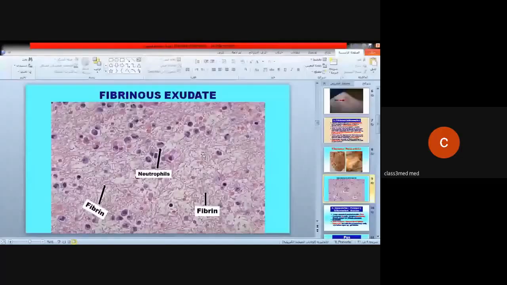This is fibrin. The majority of fibrinous exudate consists of fibrin meshwork with scant neutrophils or small numbers of neutrophils. Okay, this is the picture, cytological features of fibrinous exudate.